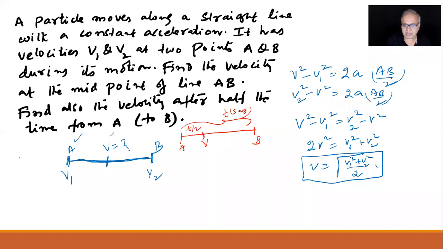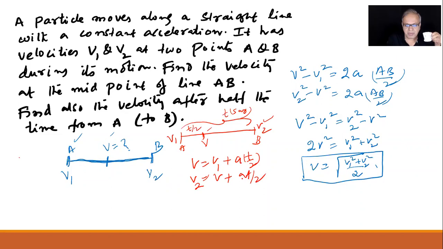Not the same, try to understand. It is a different problem. Since I know here v1 and v2, I'm taking some v like that. So I can write v equals u plus a into t by 2. But for these two, this is the final velocity. So v2 equals initial velocity v plus a t by 2 once again.